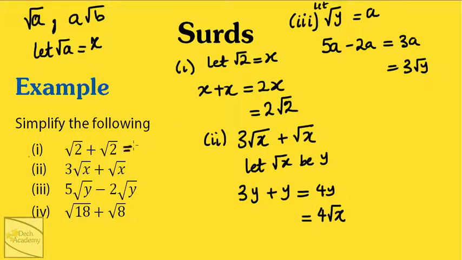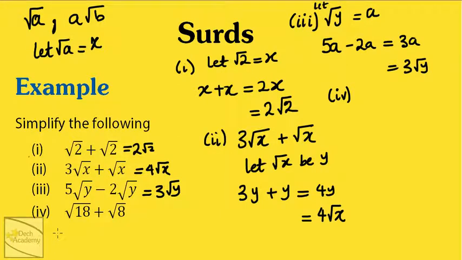So this is 2 root 2, this is 4 root x, this is 3 root y, and then here we have the square root of 18 plus the square root of 8. Now this would be easier to solve if these two expressions were in terms of the square root of the same number.